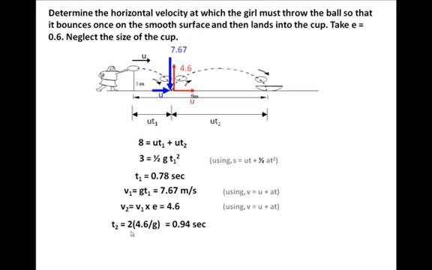So t2 is 4.6 by g, and total time of flight will be twice of this, so it will be 0.94 seconds. Now that we have t1 and t2 both in place, we substitute them in this equation. So you get 8 equals u times these two times, and you can work out u as 4.65 meters per second.